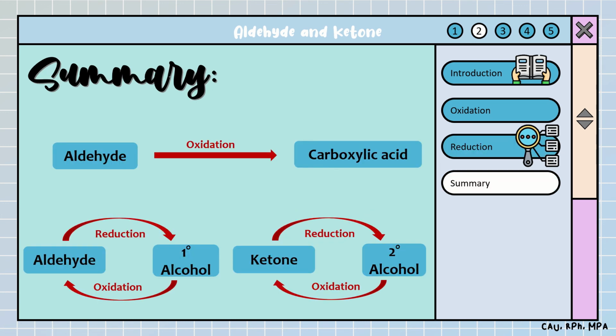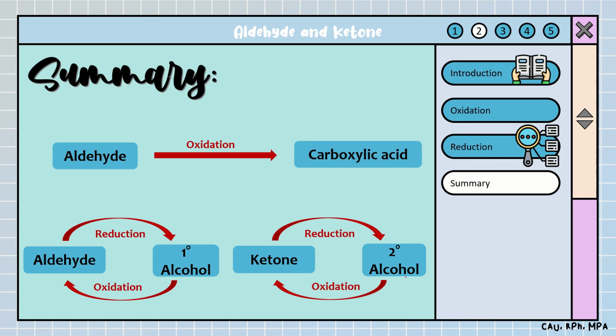So therefore, our resulting product now is 3-methyl-1-butanol. To summarize everything, if there is an oxidation of an aldehyde, there is a resulting carboxylic acid, while on our aldehyde, if that is a reduction, the product is the primary alcohol, while on the ketone reduction, that is a secondary alcohol.